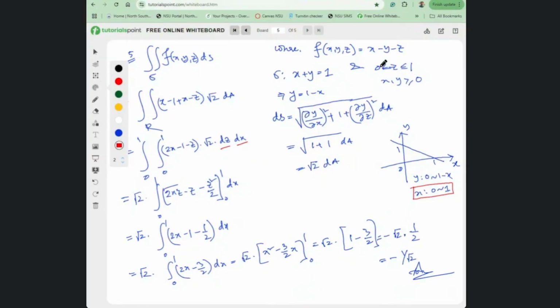So the z limit has been obtained from here, 0 to 1, our x limit is obtained from here, 0 to 1. Okay? Make sense?